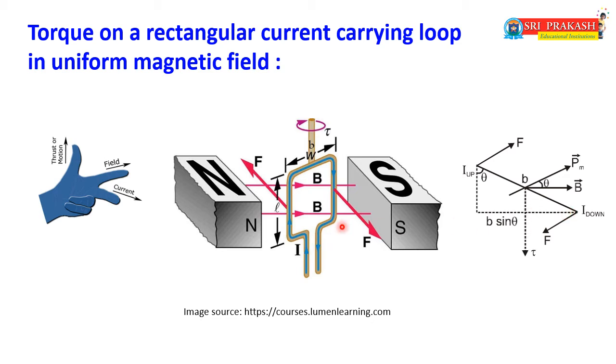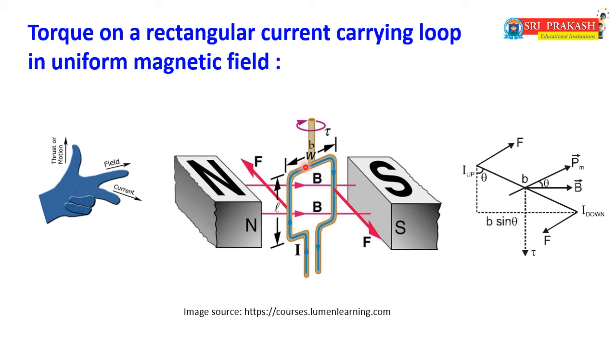Now one more point. For example, if this plane is exactly perpendicular to the magnetic field, then the length element will be perpendicular, and this width element is also perpendicular. If the width element is perpendicular, then we can also analyze the force direction.